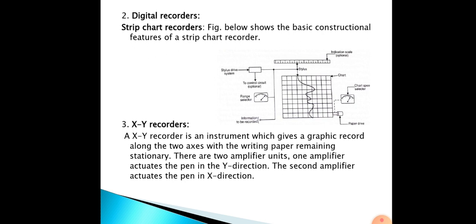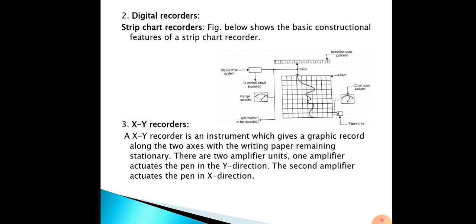Most recorders use a pointer attached to a stylus driving system, that is, the pen that marks. In most recorders a synchronous motor is used. As the stylus moves according to the readings, the waveform is drawn on the graph. Like that it works.